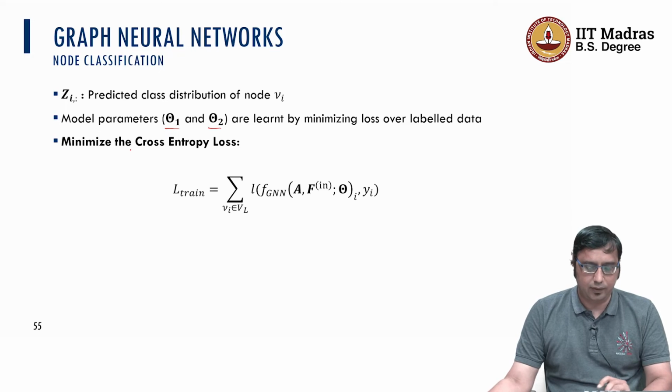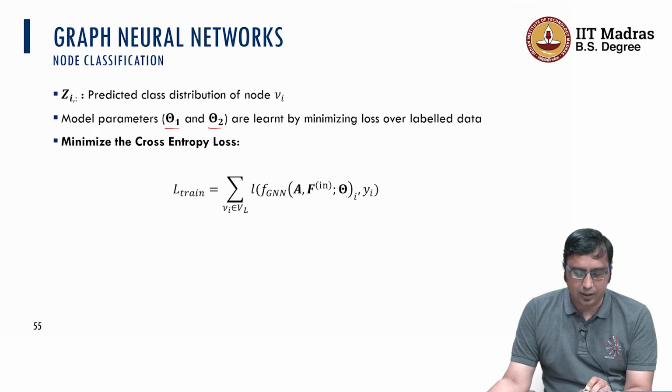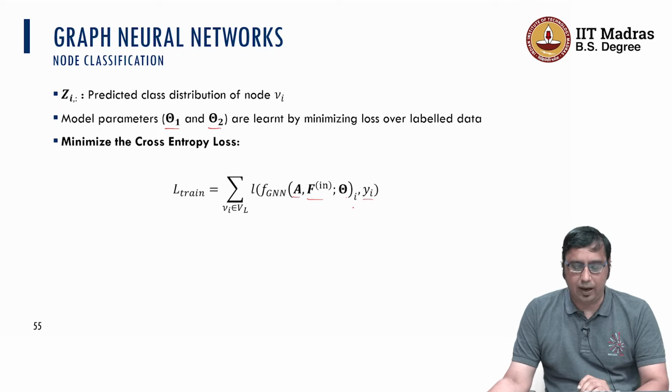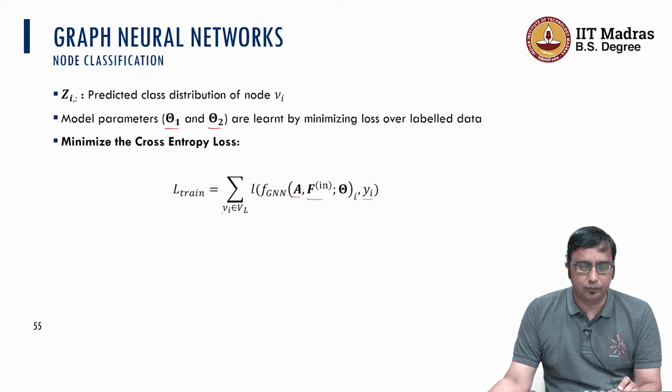It is a classifier. Here we'll start with the input as Fin and the corresponding labels Y. Here i indicates each node Vi which belongs to a label class, and this is the loss function. So Yi is the node label associated with the ith node.